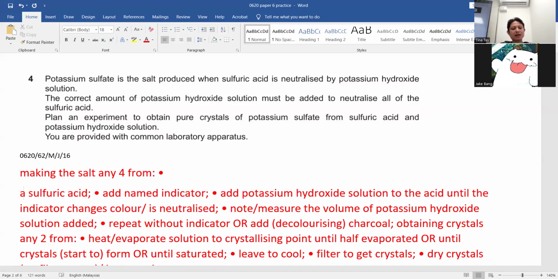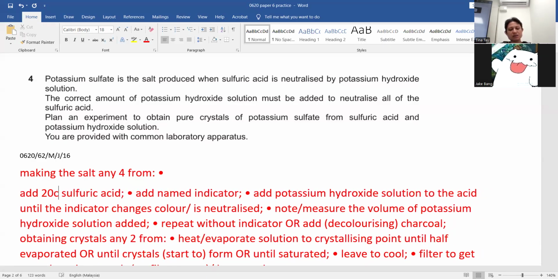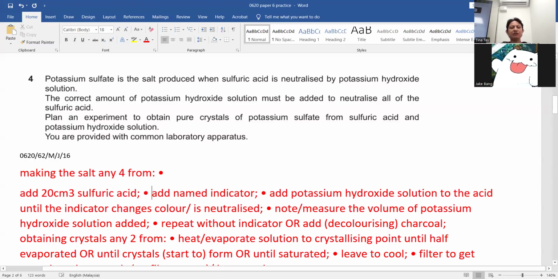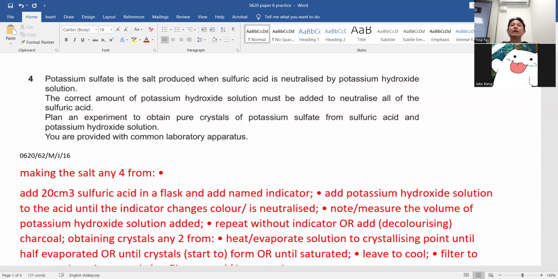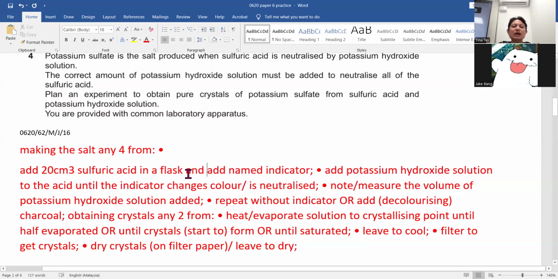Okay, so you add 20 cm³ sulfuric acid in a flask and add indicator. Some students think I just copy the marking scheme. Yes, this is the marking scheme. You cannot just say add indicator. What indicator should you use? You can use phenolphthalein, you can add methyl orange.